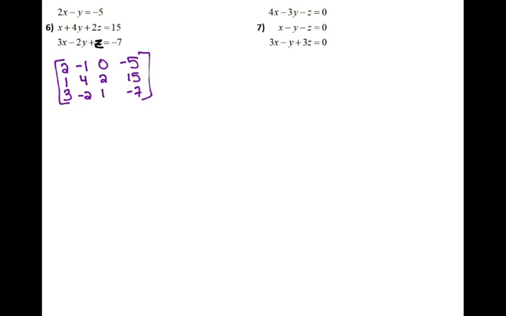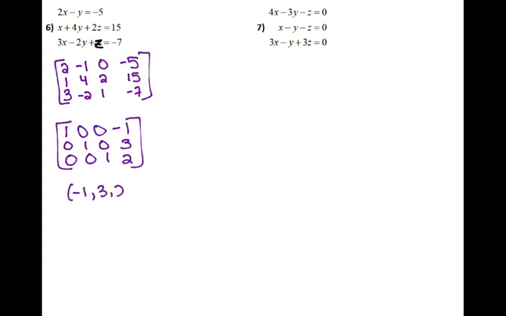So 2, -1, 0, -5, 1, 4, 2, 15, 3, -2, 1, and -7. And that gives me the matrix 1, 0, 0, -1, 0, 1, 0, 3, 0, 0, 1, 2. So my ordered triple for this is (-1, 3, 2).